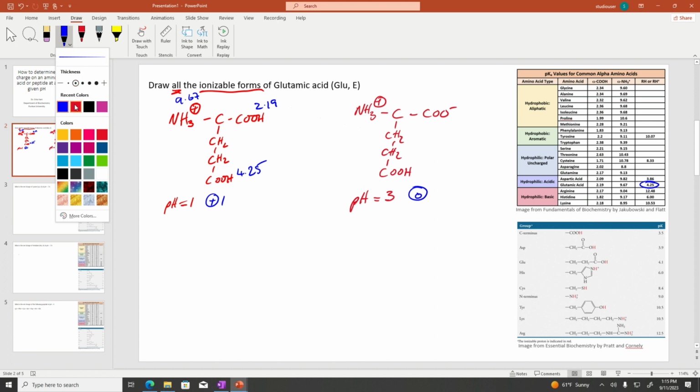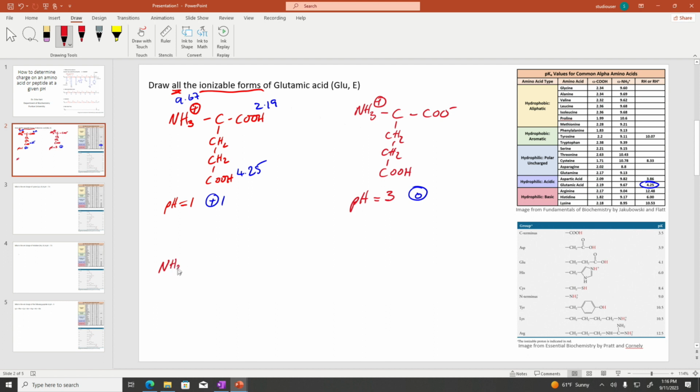Okay, let's draw out our next form. Our next pKa up, if I'm looking at the pKa's, this was my lowest. This is my next group that's going to be deprotonated. So at around about pH 7, let's say, physiological pH, we've got, again, NH3 plus, alpha carbon, COO minus, okay, because this will still be deprotonated.